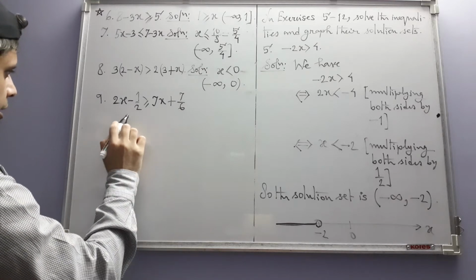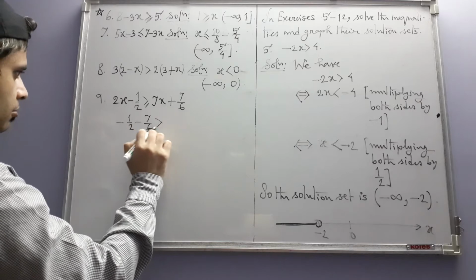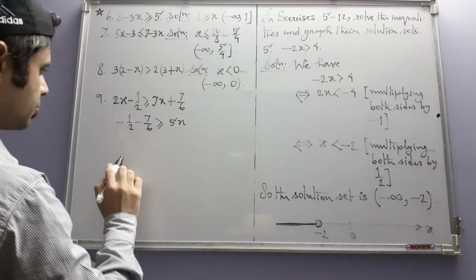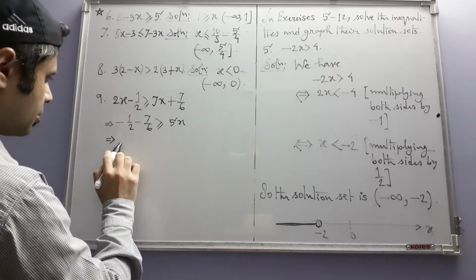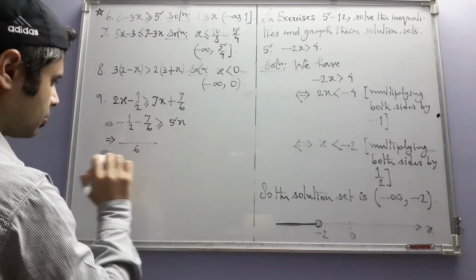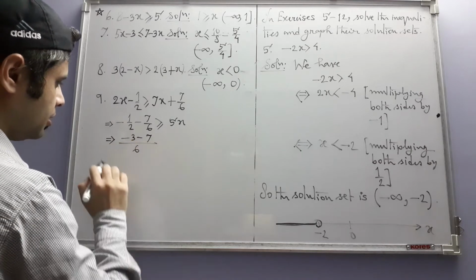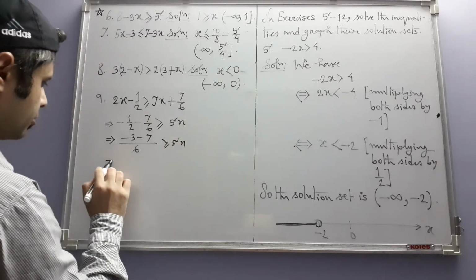So if we calculate like this, then it will be minus 3 minus 7 is greater than or equal to 5x.